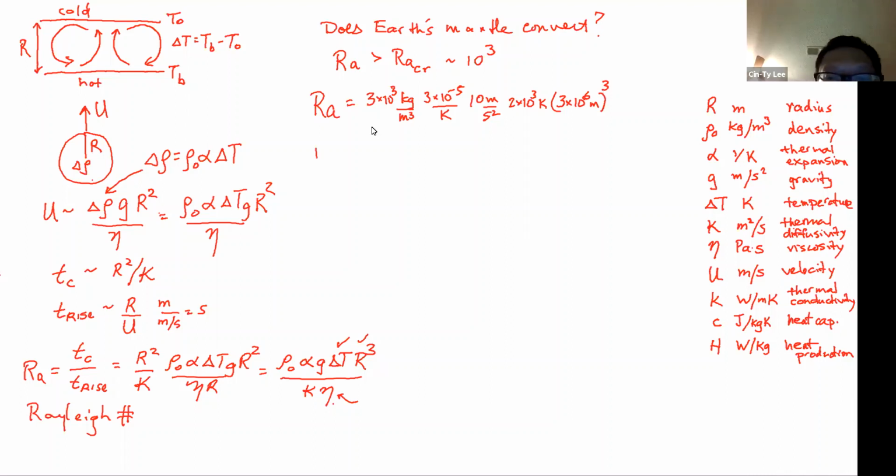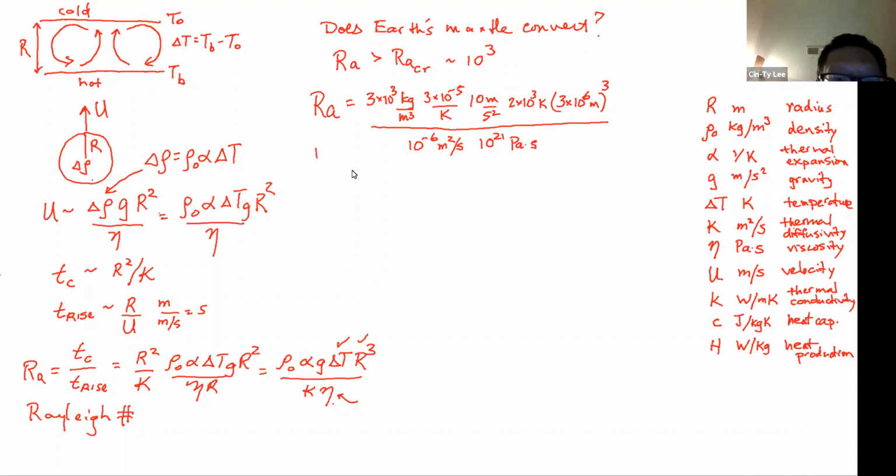And then you're going to divide by thermal diffusivity and viscosity. The thermal diffusivity is about 10 to the negative 6 meters squared per second. And viscosity might be about 10 to the 21 pascal seconds. Okay. Again, all this in SI units, so I can just go ahead and calculate accordingly.